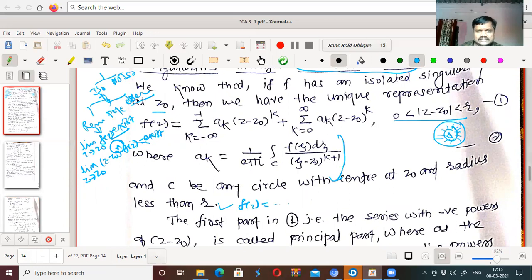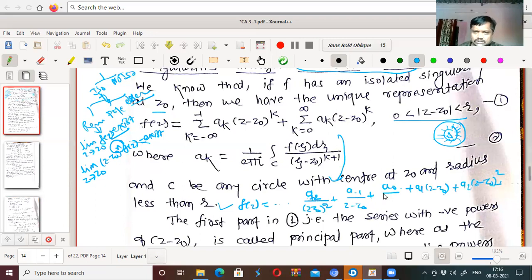... plus a minus 2 upon z minus z0 to the power 2 plus a minus 1 upon z minus z0 plus a0 (z minus z0 to the power 0 means we don't write it) plus a1 times z minus z0 plus a2 times z minus z0 whole square and so on.